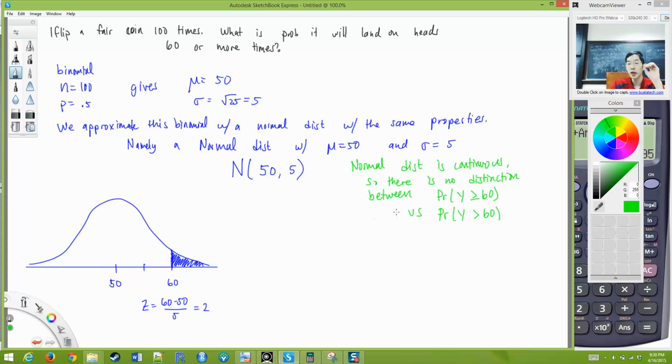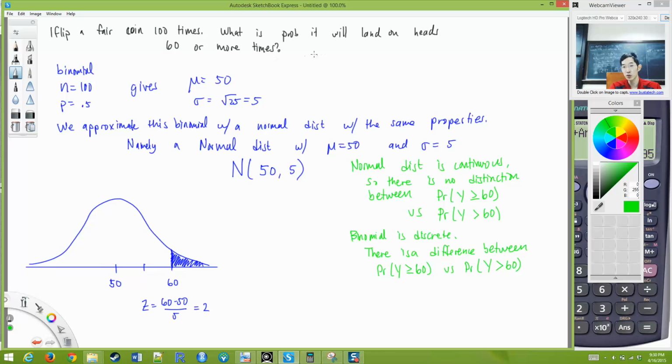But the binomial is not continuous. Binomial is discrete. So there is a difference between the probability that y is greater than or equal to 60 versus the probability that y is greater than 60. Okay? And so what do we have here? What is the probability it will land on heads 60 or more times?